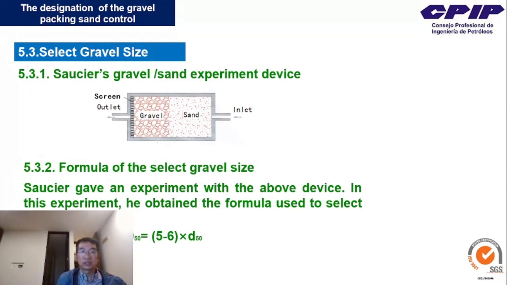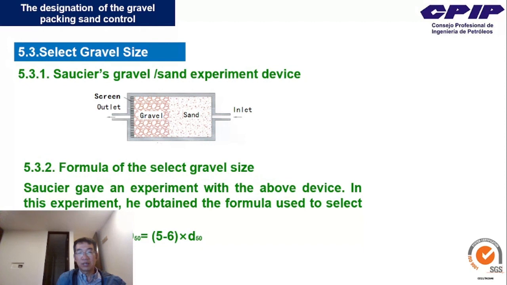Saucier did a gravel sand experiment, and the formula for selecting the gravel size is from Saucier.